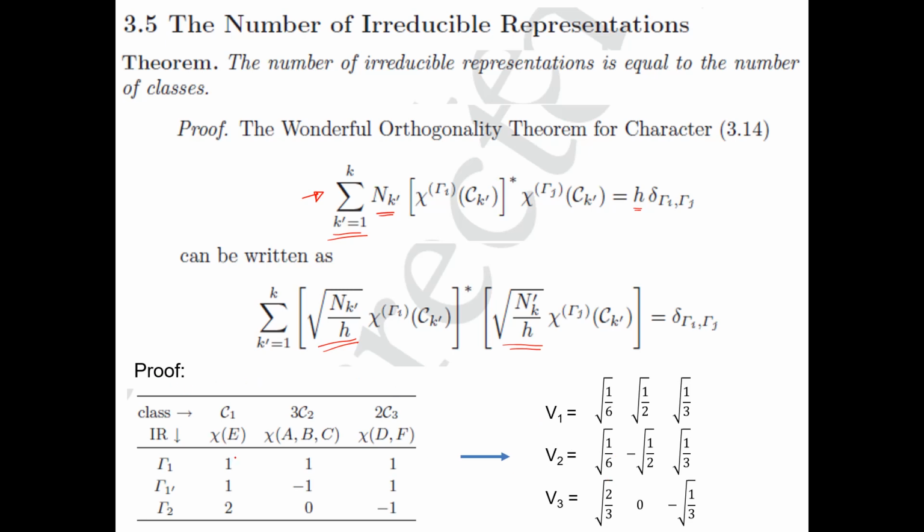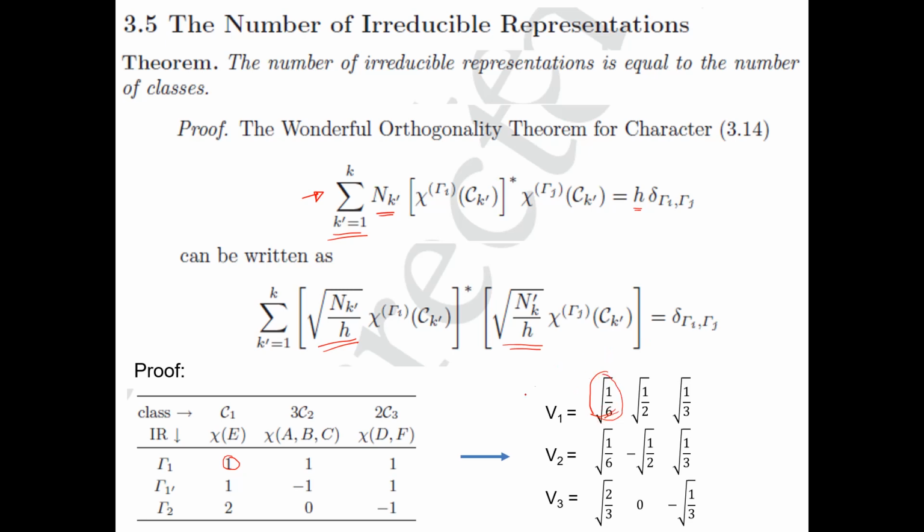What I basically did was just to normalize by N_k over h, N_k the number of elements in each class, h the order of the group. So here, instead of 1, I have square root of 1 over 6. And I basically do the same for all group elements.